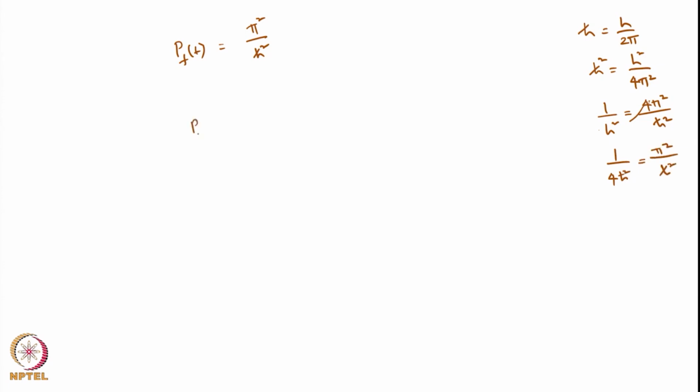So your P f of t can also be written as E naught square, omega fi by omega square, delta omega fi minus omega square, modulus of f epsilon dot mu I whole square.